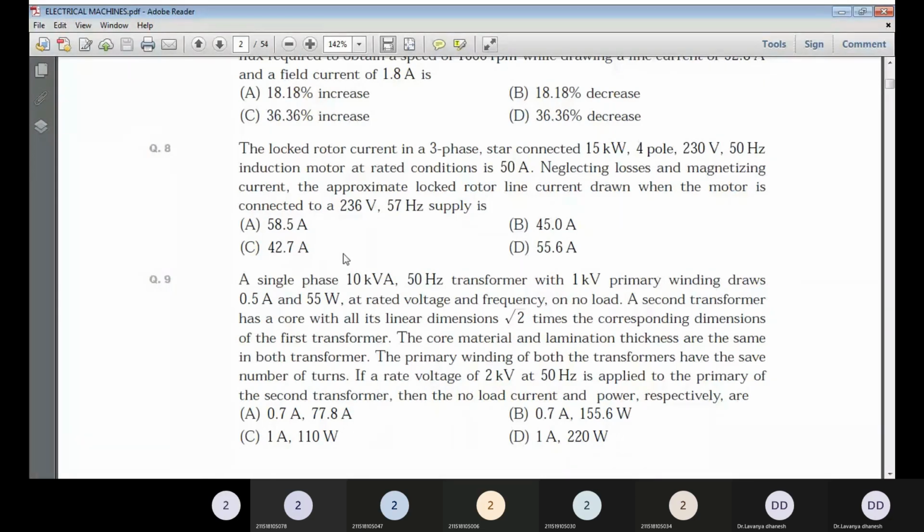So the problem given is the locked rotor current in a three-phase star connected 15 kilowatt, 4-pole 230 volt 50 hertz induction motor at rated condition.